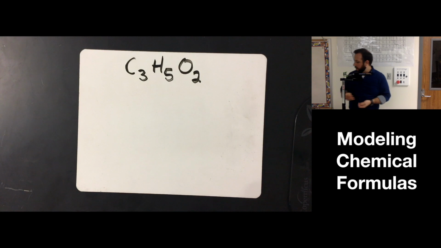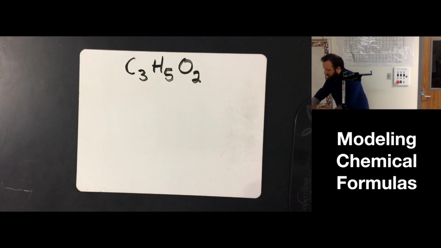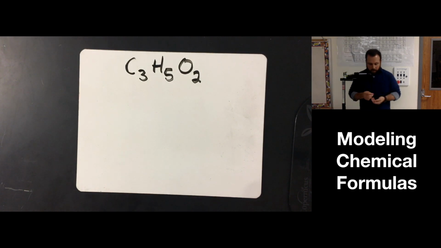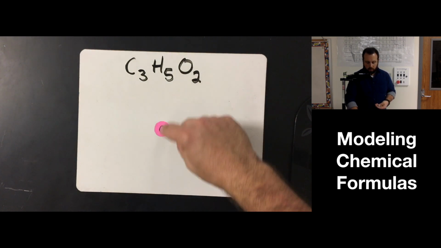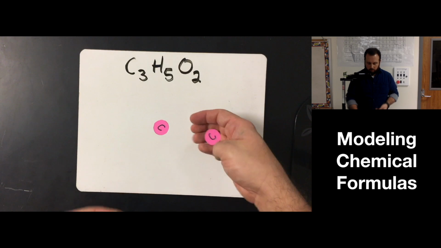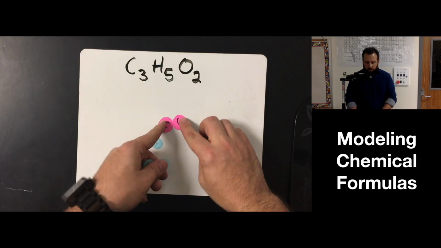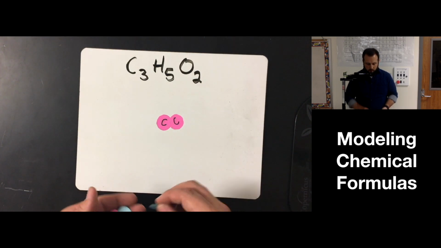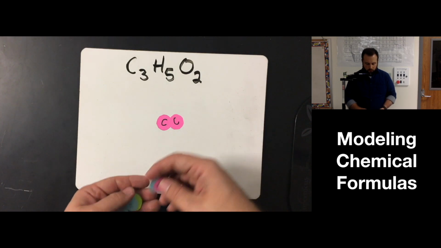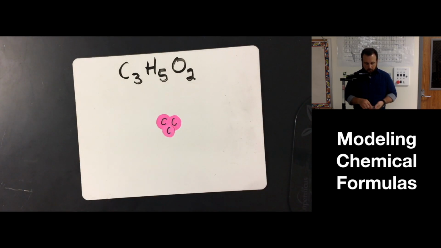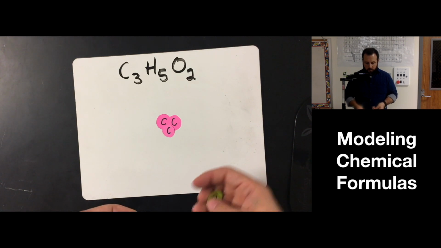The first way I'm going to show you is using some cutouts that I have. It says that there are 3 C's, so I've got 3 carbons. And then it says there are 5 hydrogens and 2 oxygens.